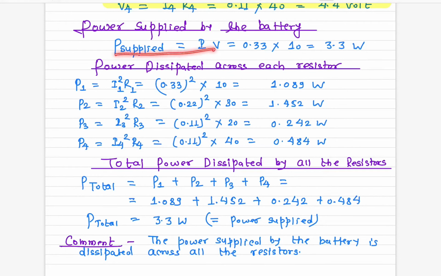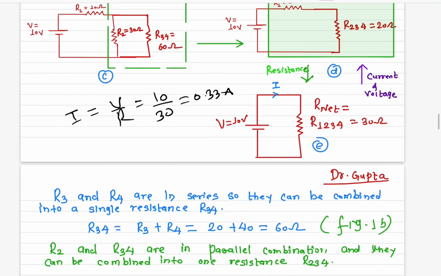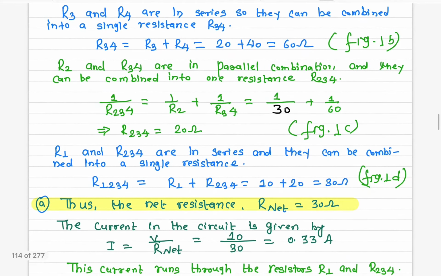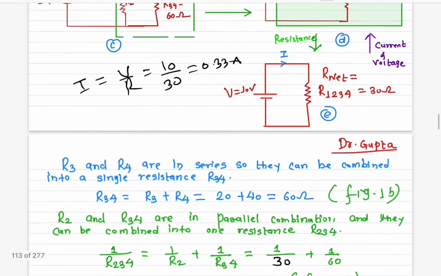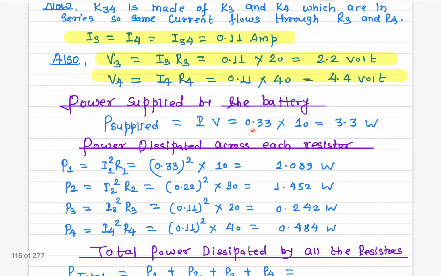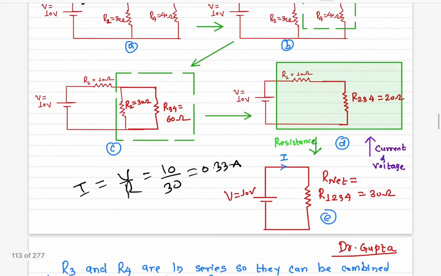The power supplied by the battery is I times V, where I is the net current in the circuit, which we already calculated as 0.33, and the voltage is 10 volt. So the power supplied is 3.3 watt.